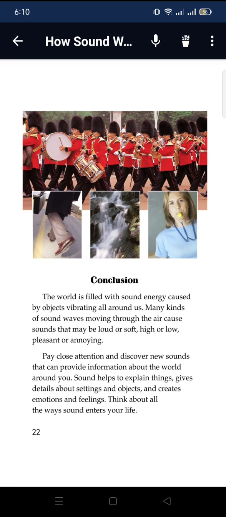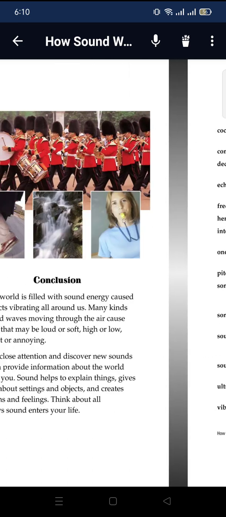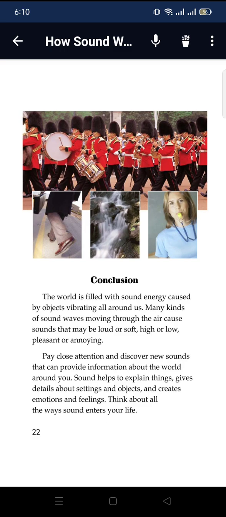Pay close attention and discover new sounds that can provide you with information about the world around you. Sounds help to explain things, give details about settings and objects, and create emotions and feelings. Think about the way sounds enter your life.